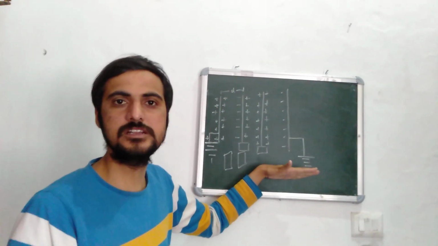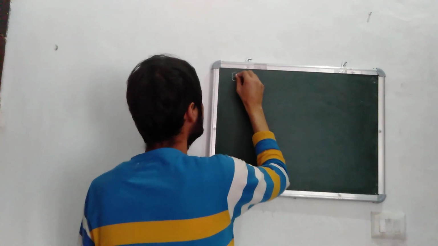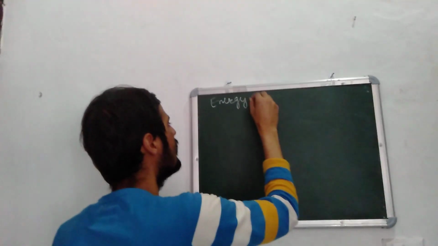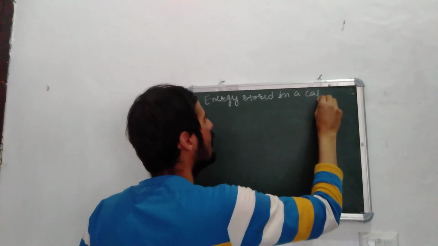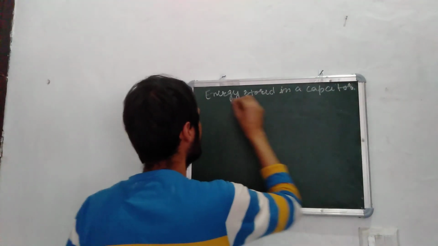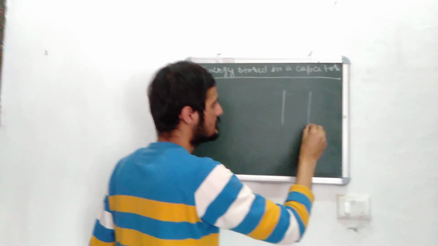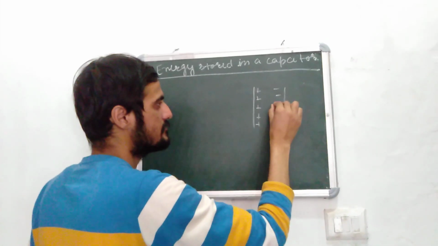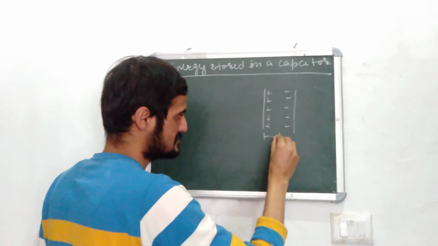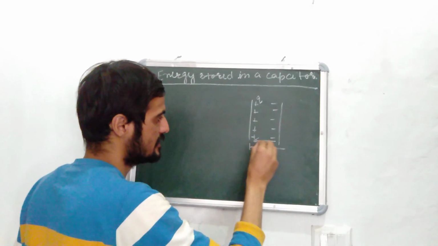Further we will discuss the energy stored in the capacitor. For solving it, first of all we consider a parallel plate capacitor having charge Q, separated by a distance d, and the direction of the electric field is due to induction.